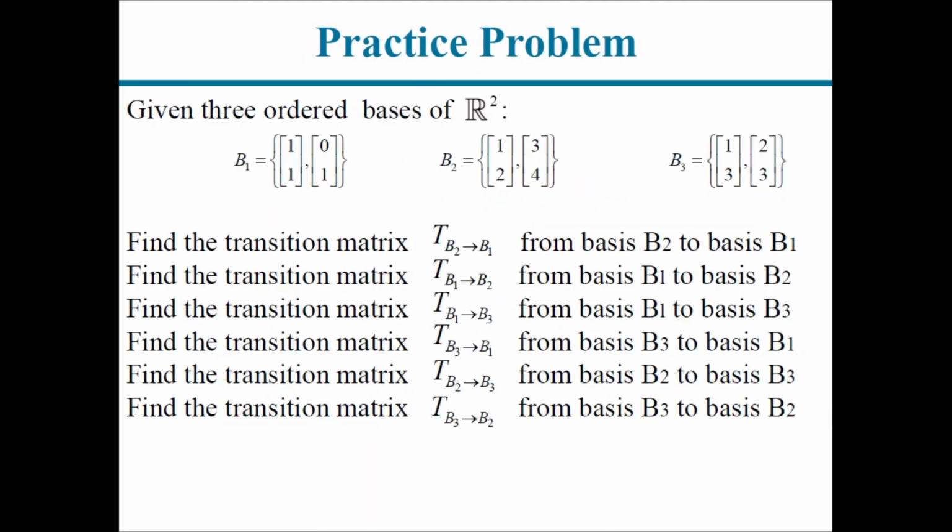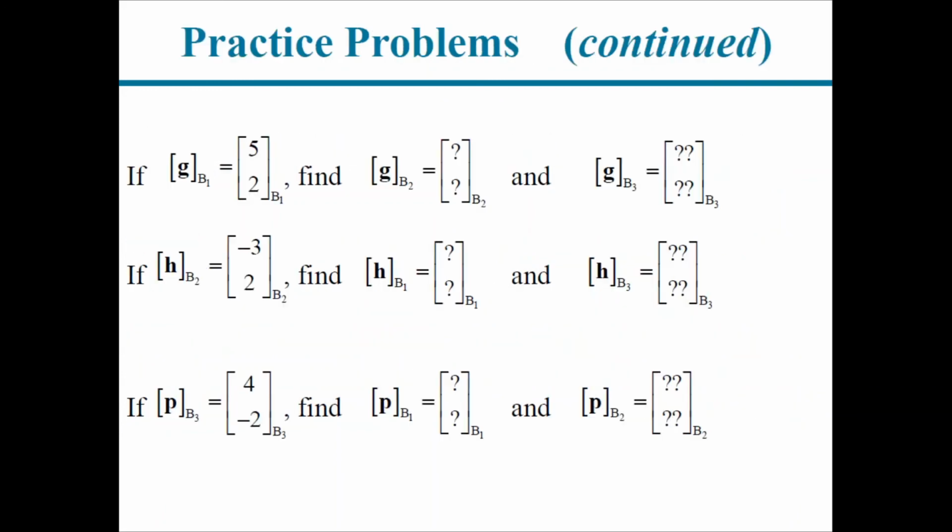Some extra problems here, if you wish to practice more. You have 3 ordered bases in R2, and you need to build the transition matrices. All of these transition matrices will be 2 by 2 invertible, so you can take advantage of that. And here are given some coordinates of some vector in one basis, and then you need to find the coordinates in the other 2.